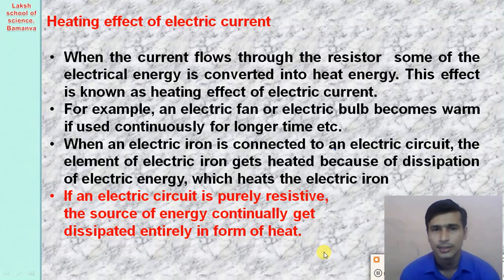When we connect an electric cell to a conductor, electric current passes through the conductor, and some of the electrical energy is converted into heat energy. This effect is known as the heating effect of electric current.